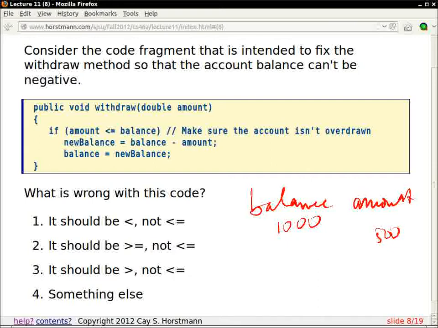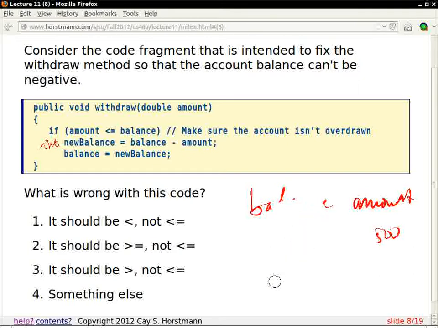So new balance is, well, that's even a syntax error, right? I never declared this. All right, so that was a problem. Now I'll declare it. And so now, just a second, now balance becomes 500. Or does it? No, new balance becomes 500, right?